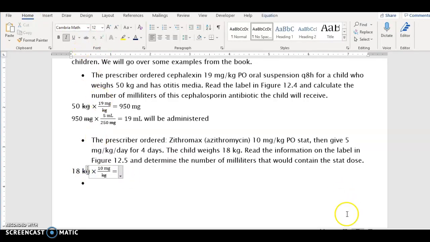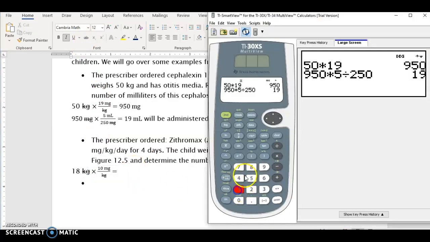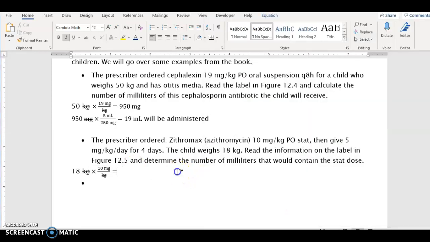Okay, so 18 times 10. Feel free to do a quick mental calculation and then double check with your calculator. So 18 times 10 is 180. Okay, so it's 180 milligrams.